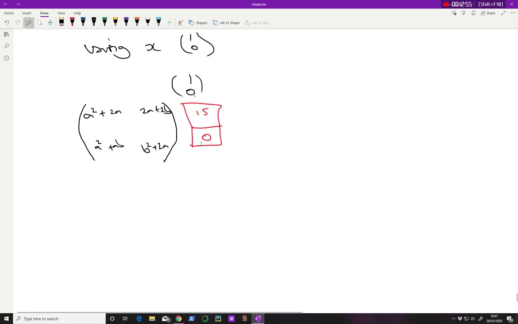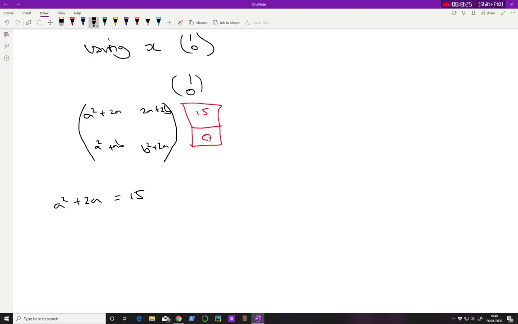Now the matrix algebra to get 15 and 0 is going to be like so. Again, we move out by multiplying. So it's going to be 2a plus 2b multiplied by 0, which equals 0, plus a squared plus 2a times 1 equals 15. So my top equation is going to be a squared plus 2a equals 15, okay?